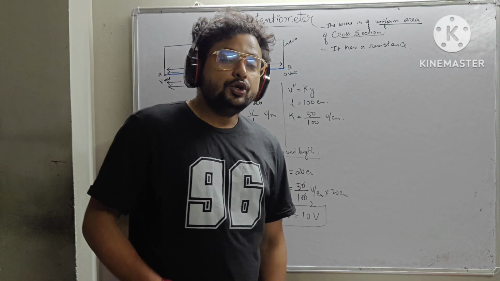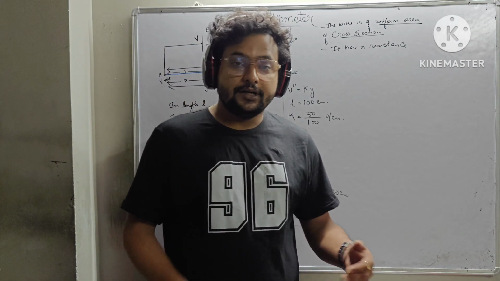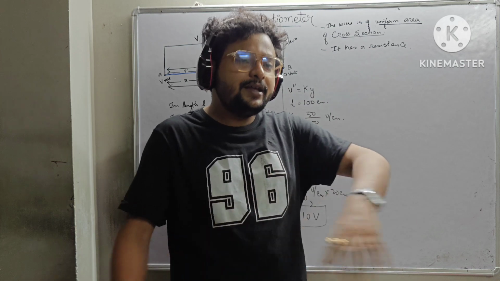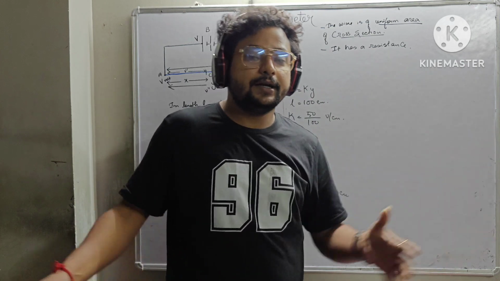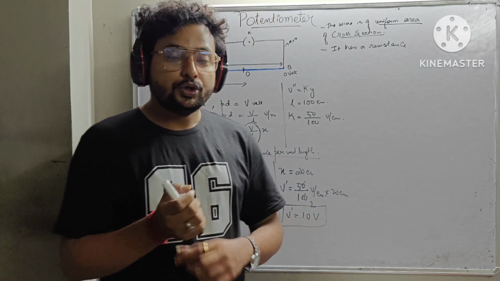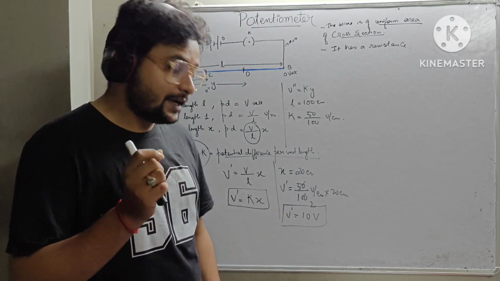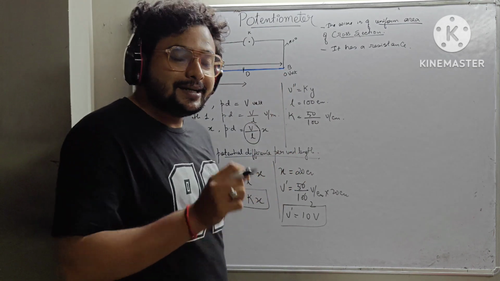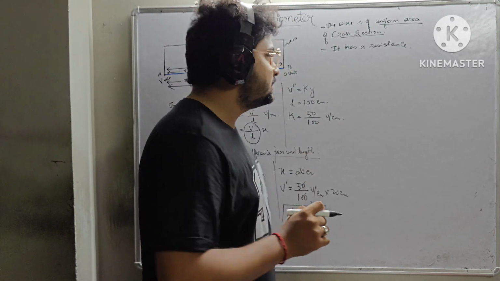Now see, in certain experiments, as I already said, we need a very long wire. If you take a very long wire, it will be very difficult to conduct the experiment. So in the actual potentiometer device, we have this wire, but in bent form. Bent form is like this.